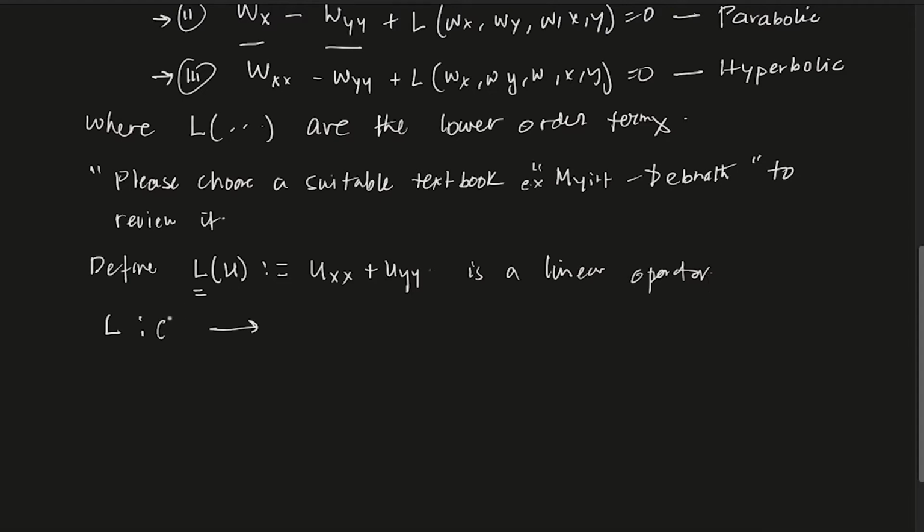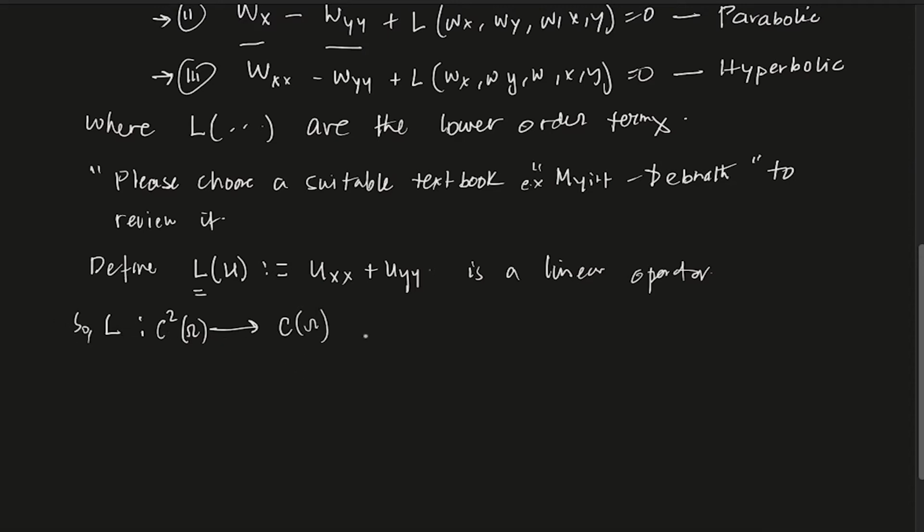So it is C2 of whatever the domain is. I don't care, some domain. Let's say omega, which is a subset of R2. So L is from C2 of omega. You are choosing a twice differentiable element, and it is giving back uxx plus uyy. If u is twice differentiable, uxx is continuous and uyy is continuous. The sum of two continuous functions is continuous. So it is giving you back something like this.